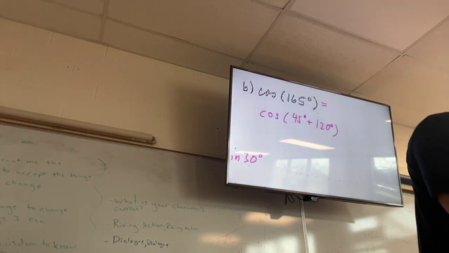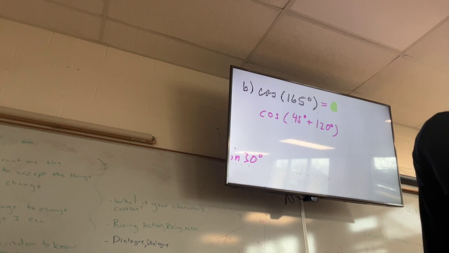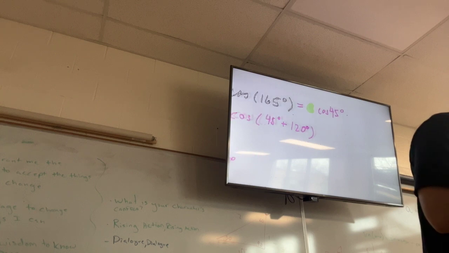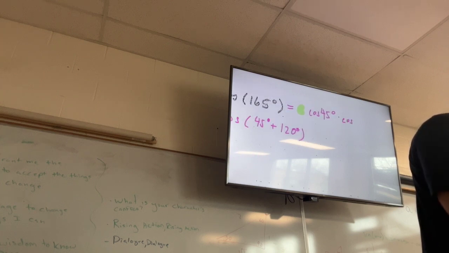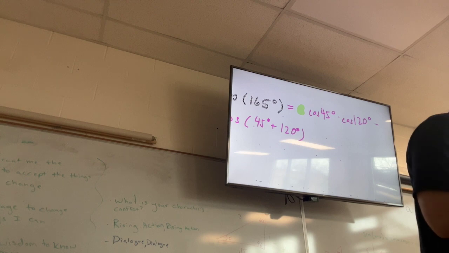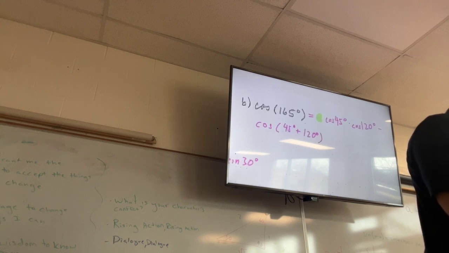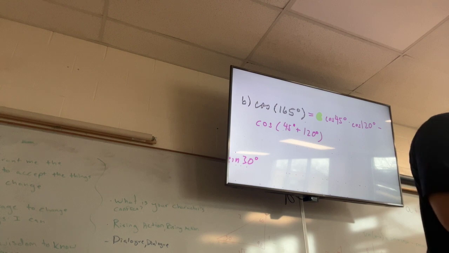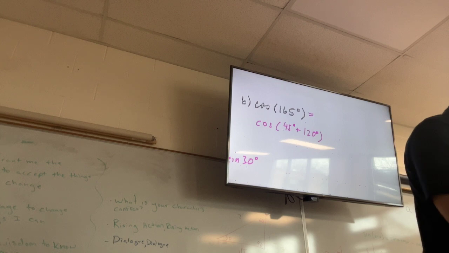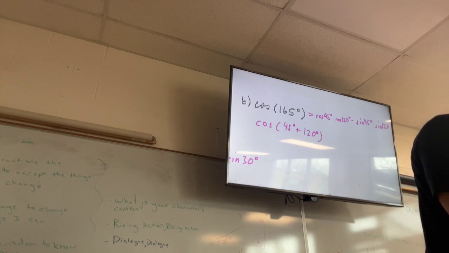That's going to give me cosine of 45 degrees times the cosine of 120 degrees minus, oh gosh, I'm out of room, sorry, I'll write this smaller. Minus the sine of 45 degrees times the sine of 120 degrees.